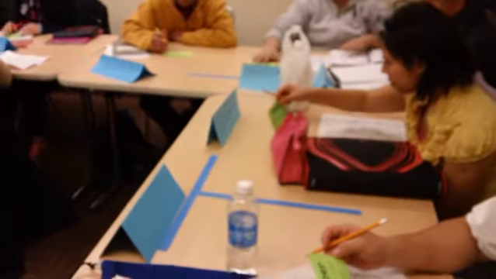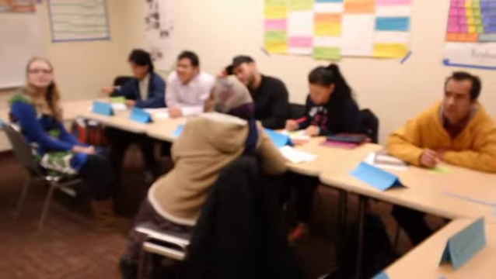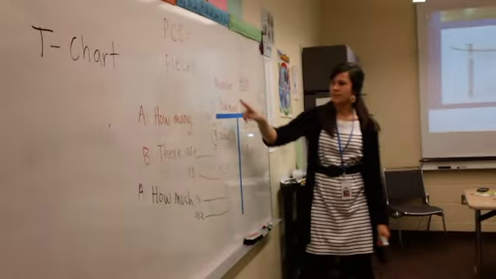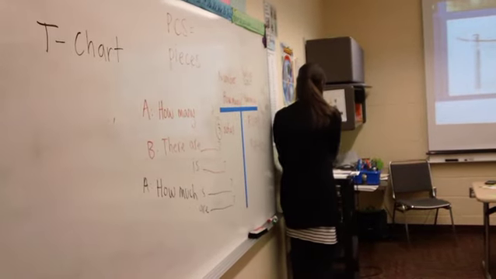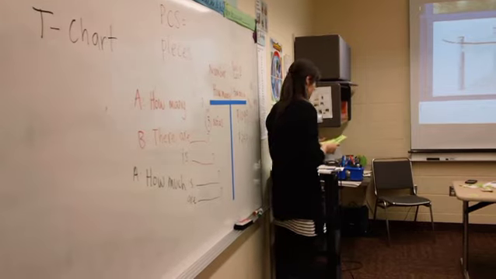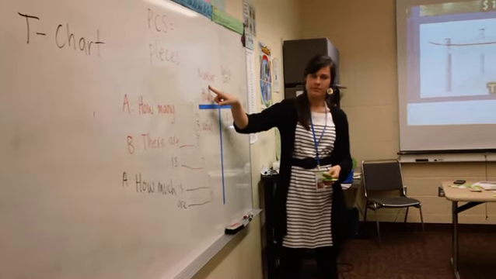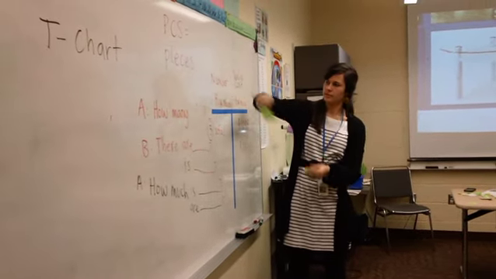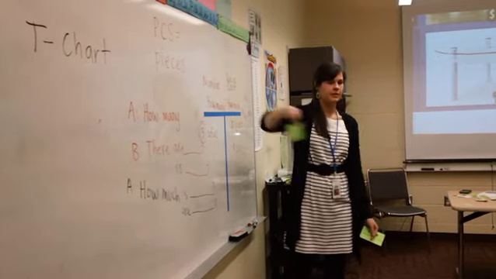So look at your T-chart on your table. How many sides? There's 1 side, 2 sides to the T-chart. And it says we have two slips of paper here. One side of the T-chart, we have number. So put number on your T-chart on one side.